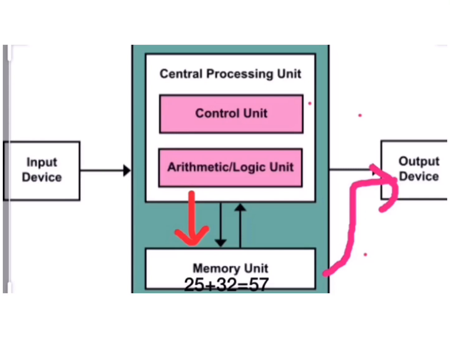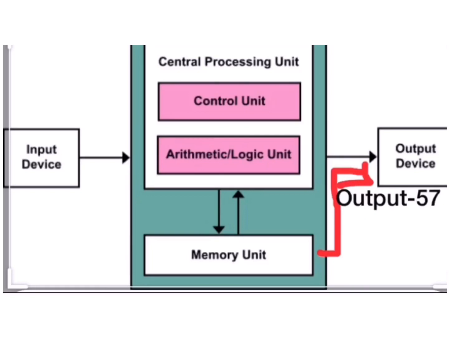The CU sends the result to the memory unit and to the monitor, that is the output device, which shows the sum as 57. So children, here is the work of the control unit: it controls the flow of data from input unit to processing unit and processing unit to output unit.